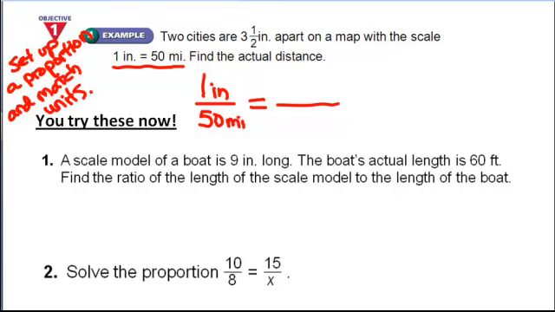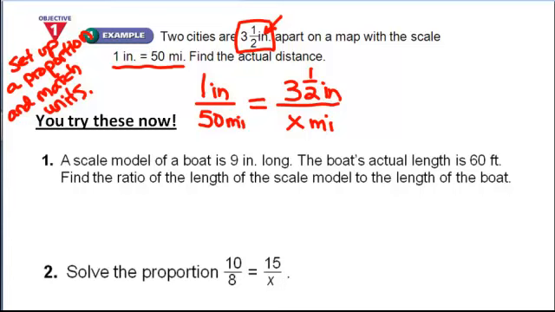What I mean by match my units is I'm given one more number and the units are inches, so I have to make sure they match. In this case, my inches are on top of the fraction bar, so I'm going to keep my inches on top of the fraction bar. And I'm trying to find out how many miles this is in real life.